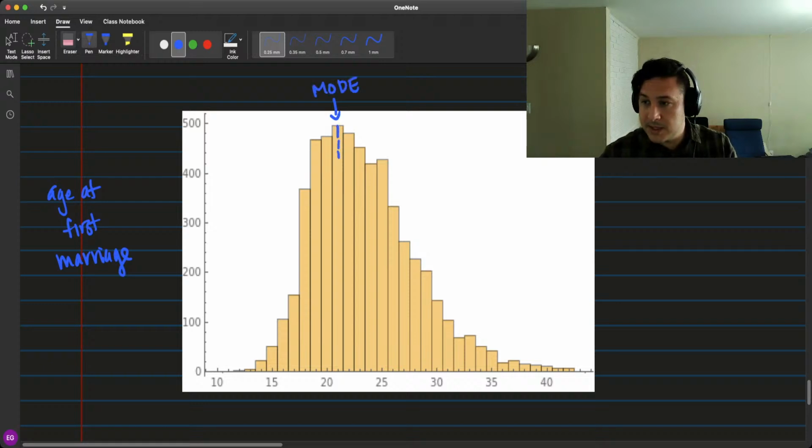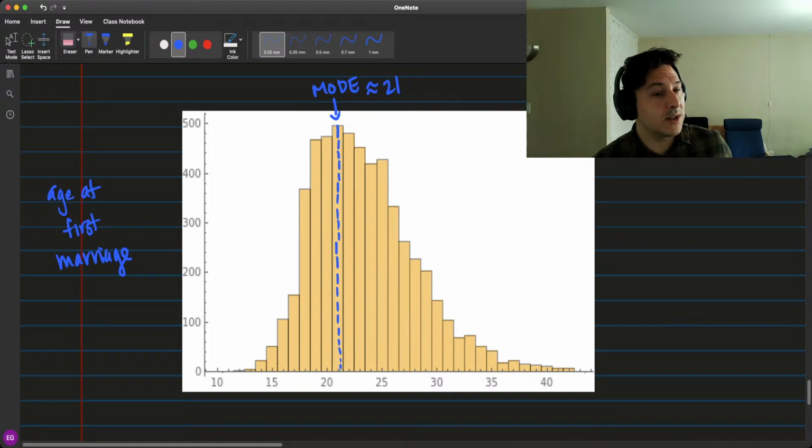So our most commonly occurring value is the mode. You find the high point of the graph. And apparently, what's the most common age at which women first get married, according to this data, approximately? Yeah, cool. So apparently, the most common age at which women get married is 21 years old.